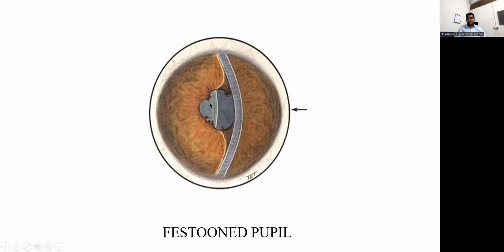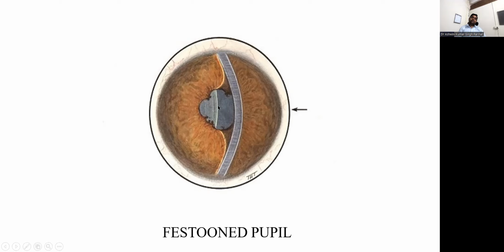See, these are the parts. This pigmented part, this pigmented part, this is the place where the synechia has formed, where the iridolenticular adhesion has occurred. The iris is adhered over the lens, but in between, this part, this part is not adhered to the lens.